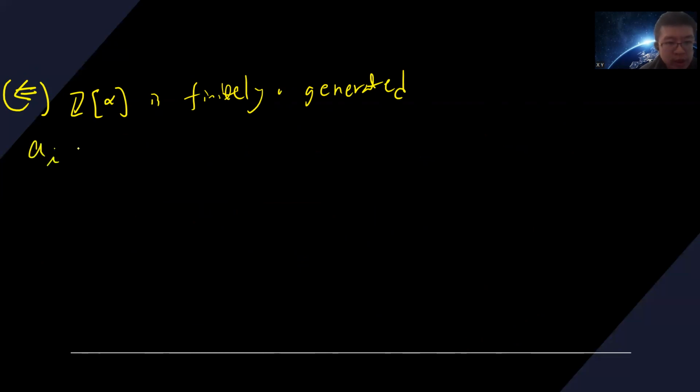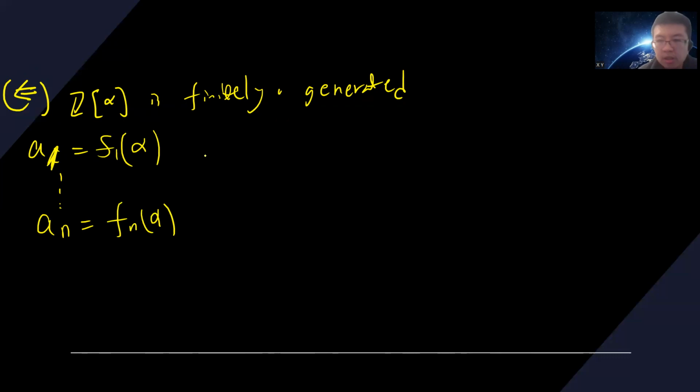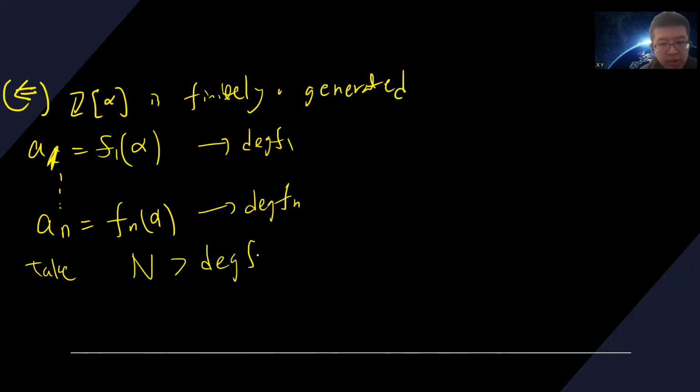I can take a_1 to be f_1(alpha), and a_n to be f_n(alpha), all with integer coefficients. There are degrees of f_1 up to f_n, and then I can take N to be greater than all the degrees.